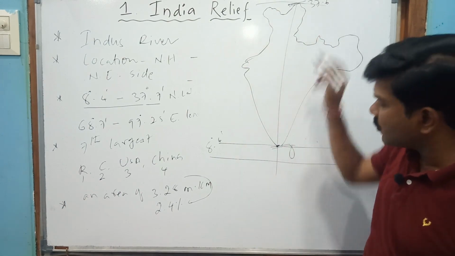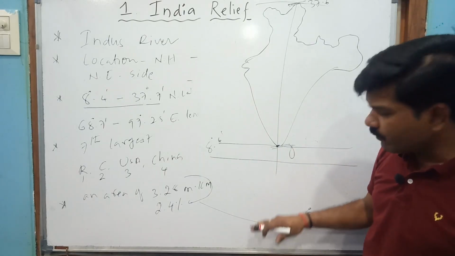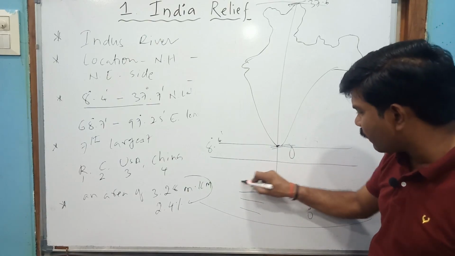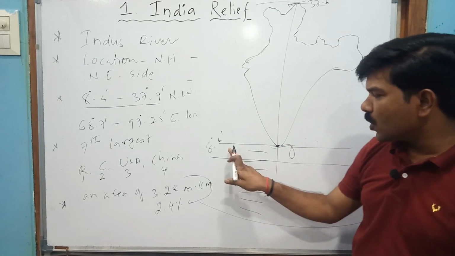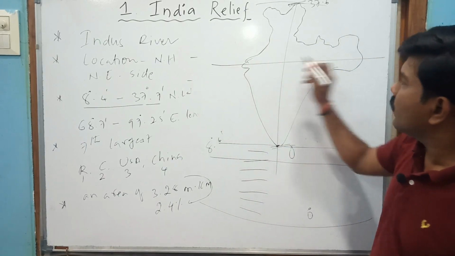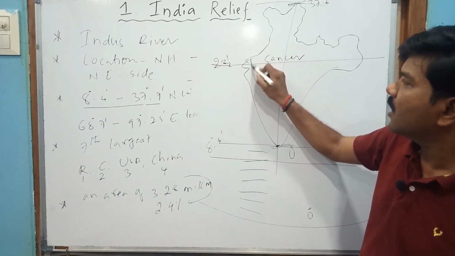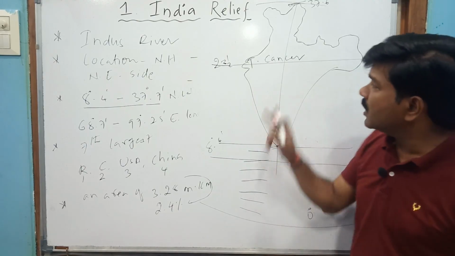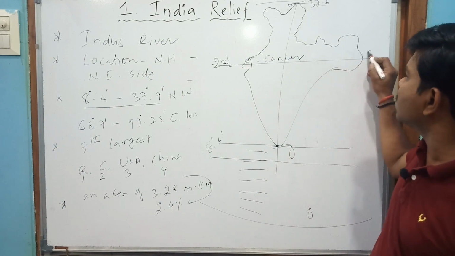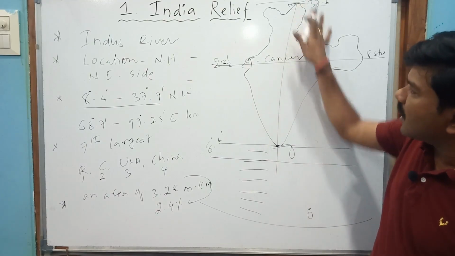As you know, the equator is 0 degrees, and going northwards, 1, 2, 3, up to 8, India's mainland begins from 8 degrees 4 minutes. Here we know the 23 and a half degree north latitude is called the Tropic of Cancer. It divides India into two equal halves and passes through 8 states. So this is the latitudinal extent.